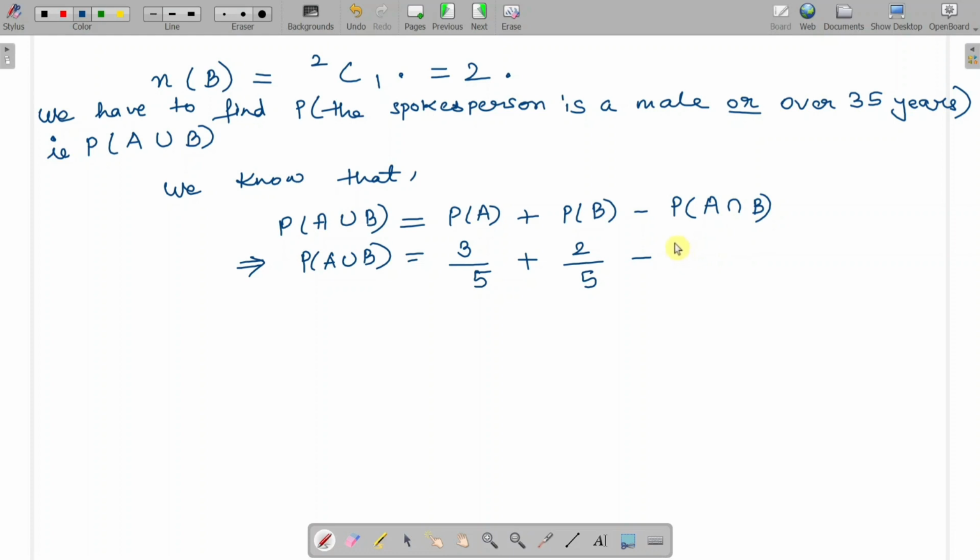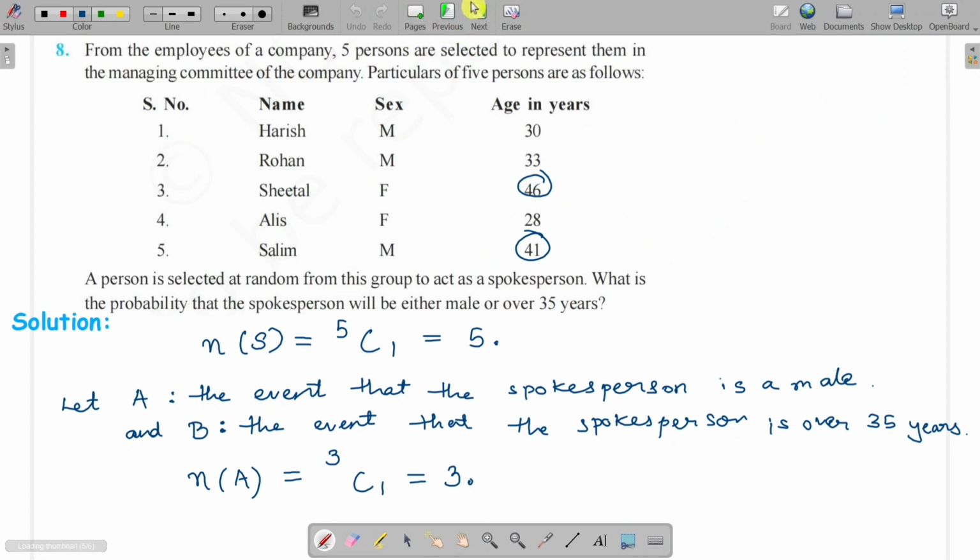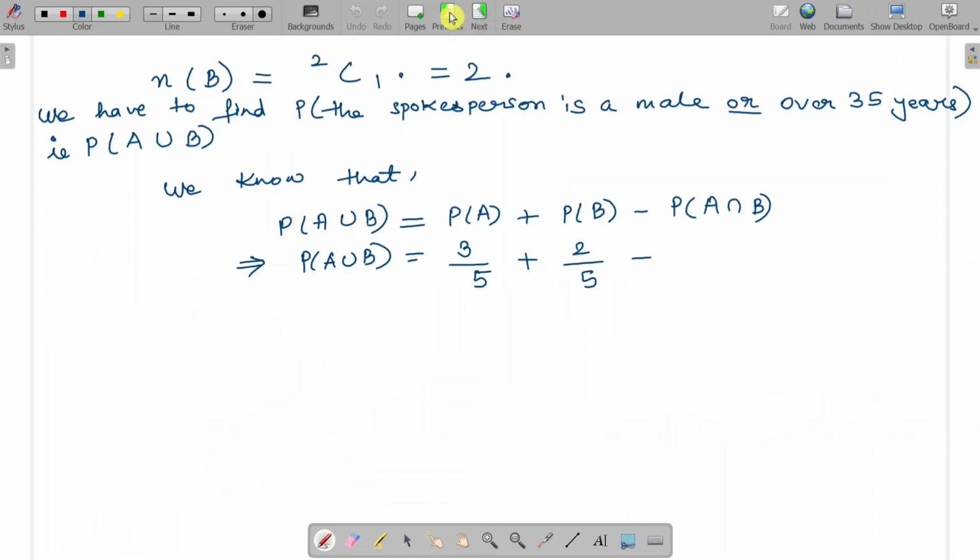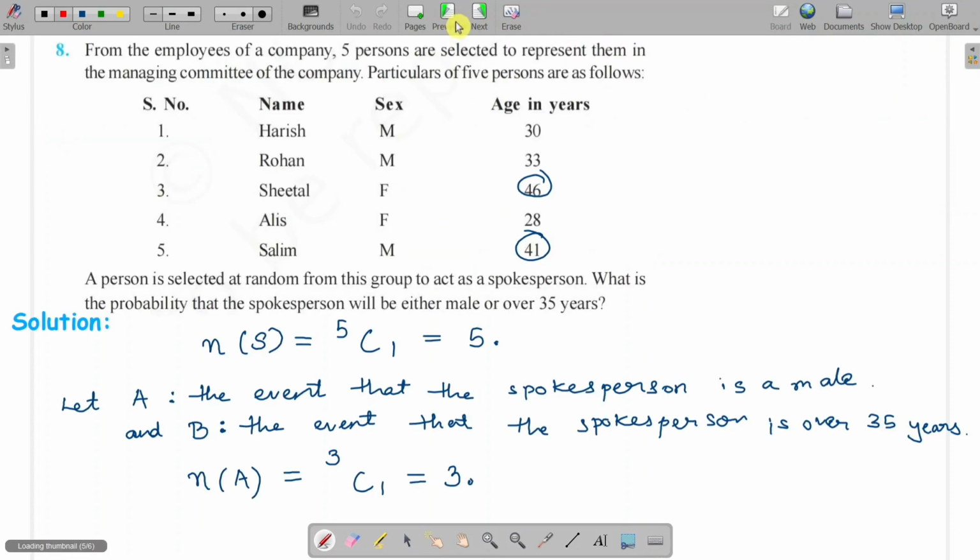Now in A intersection B, how many elements are there, that also we have to find. So the number of elements in A intersection B. A intersection B means the event that the spokesperson is a male and is over 35 years, right?